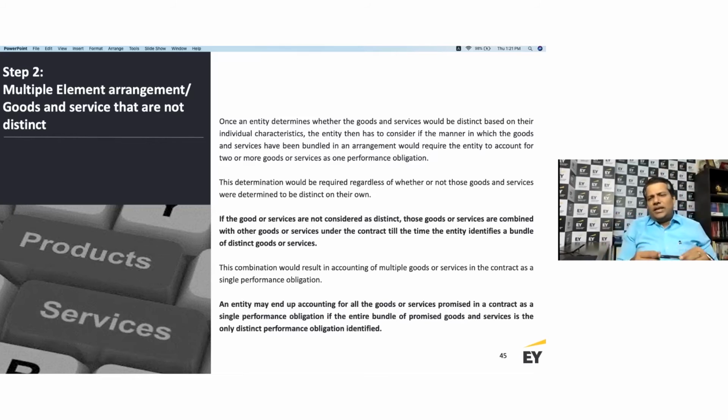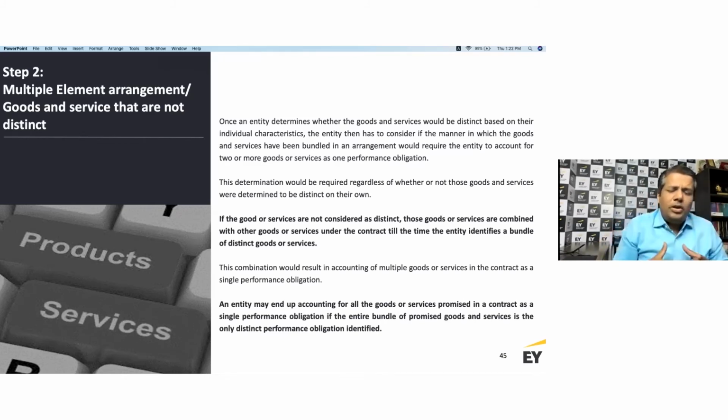What I'm trying to say is that you have to look through the arrangement very, very carefully to see what all I am promising as part of my commitment to this customer.